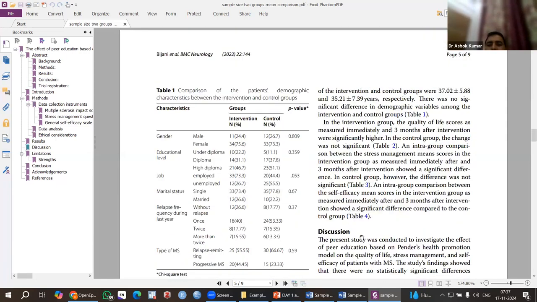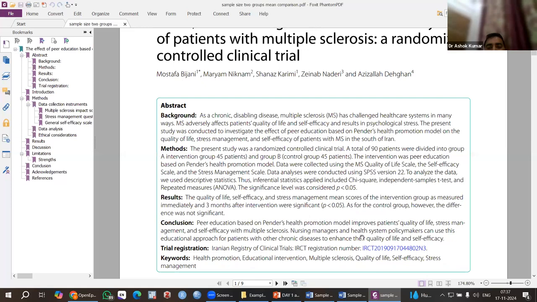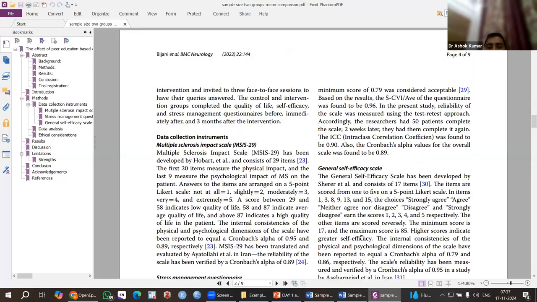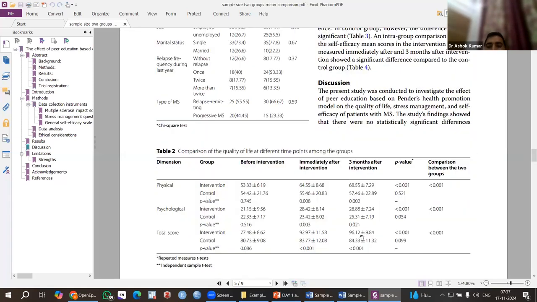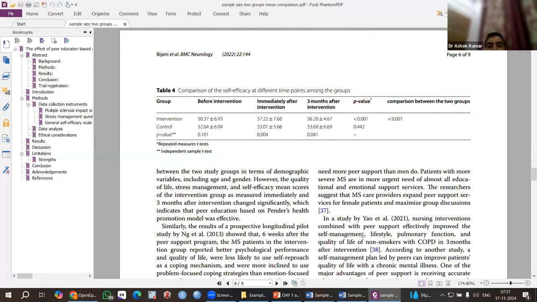Suppose for this we didn't calculate sample size earlier, so we have to do post hoc power calculation. We know N1 and N2, and this is our primary outcome, self-efficacy, and I want to calculate it 3 months after intervention. This is the intervention group self-efficacy, mean and SD. This is the control group self-efficacy. For this, I want to calculate power.